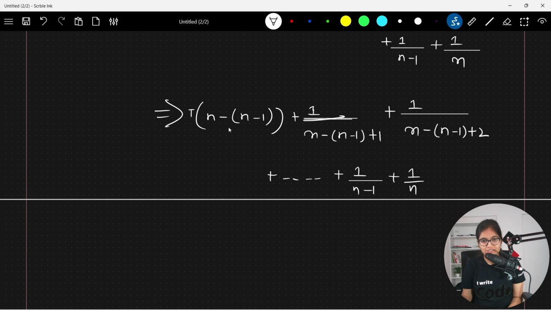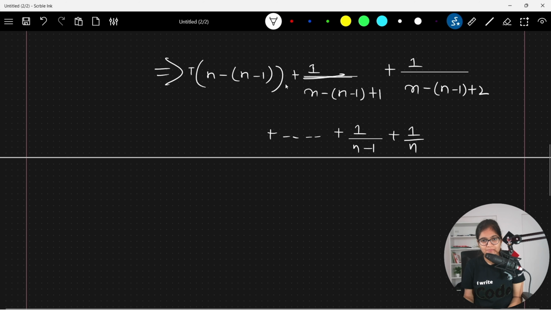Here the value is n minus n plus 1, which equals t of 1, plus this value will become n minus n plus 1 plus 1. So n and n will cancel out with each other. We will get 1 divided by 2.